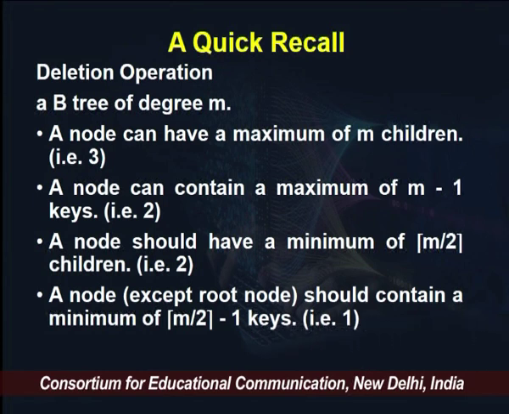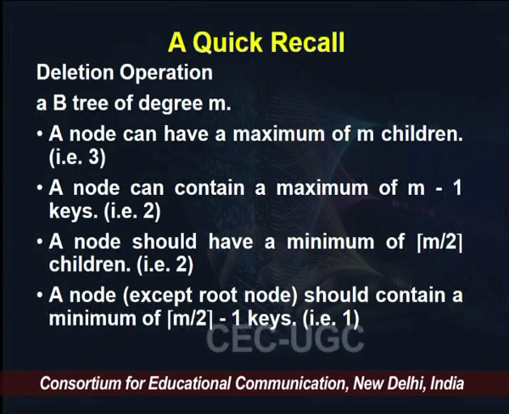Then a node can contain a maximum of m minus 1 keys, that is 2 keys here when m is 3. Apart from that, a node should have a minimum of ceiling of m by 2 children, that is 2 children when m is 3.